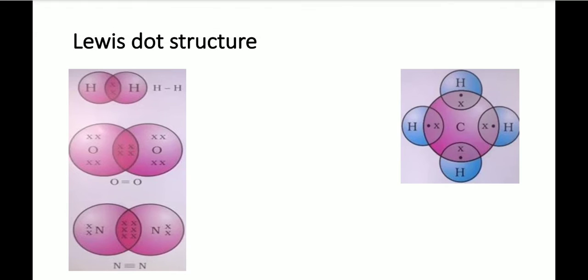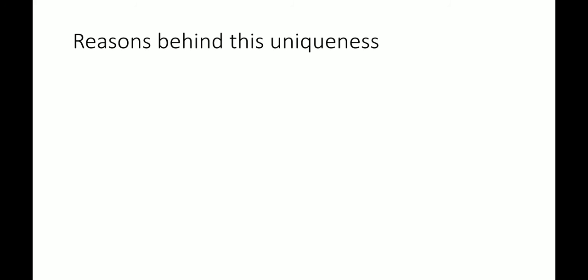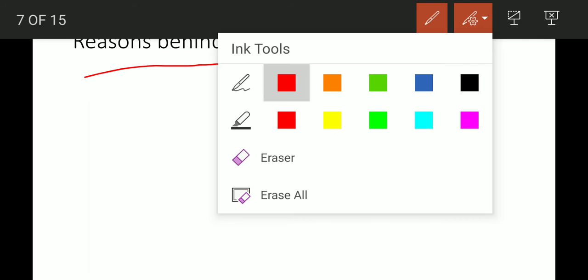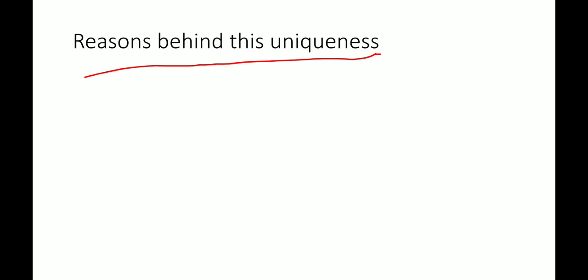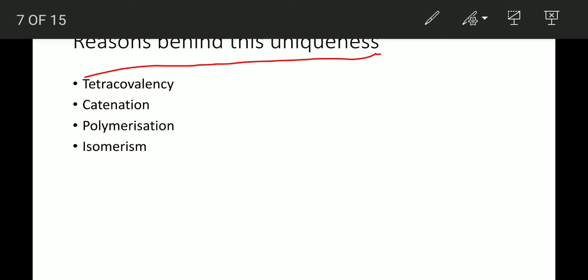Next is reasons behind the uniqueness of carbon. One is tetracovalency, another one is catenation, polymerization, and last one is isomerism. What is tetracovalency?